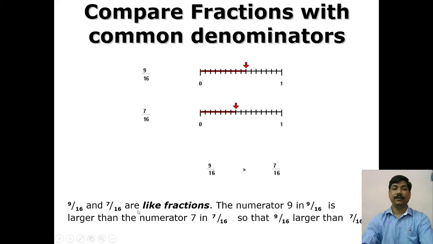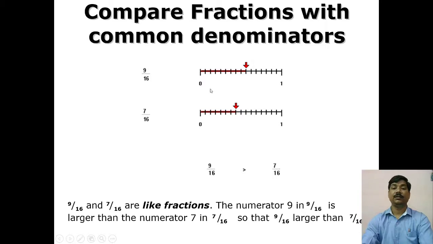From this figure, 9 upon 16 and 7 upon 16 are like fractions. This figure shows 9 upon 16 on the number line. How can we represent 9 upon 16 on the number line?